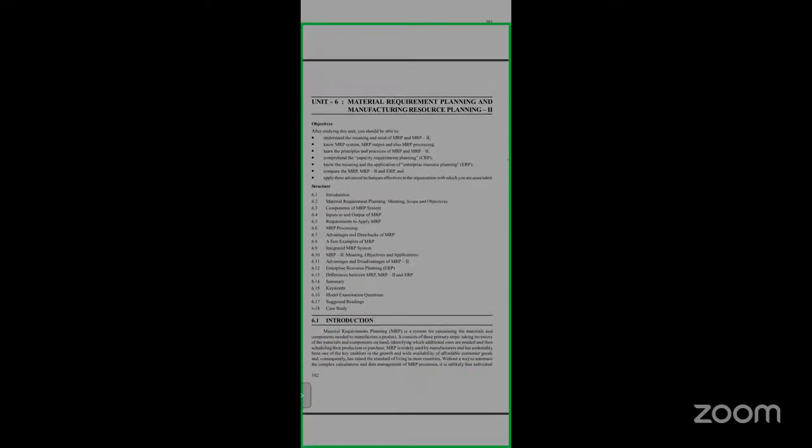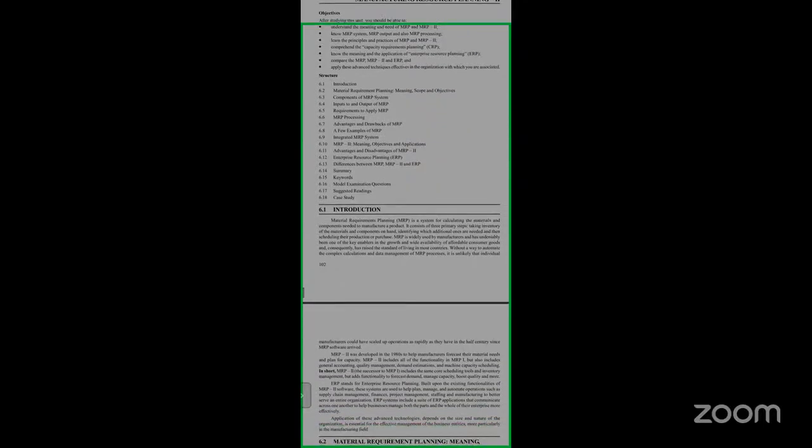Next comes material requirements planning and manufacturing resource planning. All manufacturing units require raw material. So how do they order the raw material? What is the process involved?